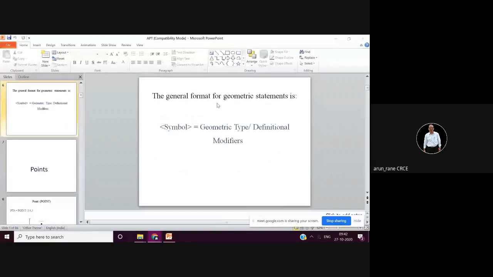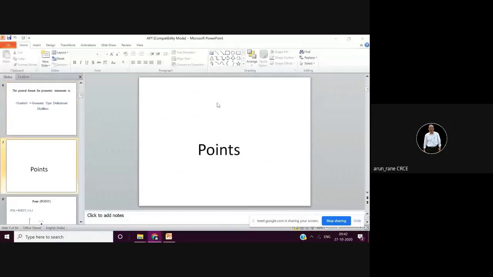So now let us study these statements one by one. First are motion statements. Now in motion statements, what are the different statements or commands? That is what we'll see. First in APT, we are studying the different commands.